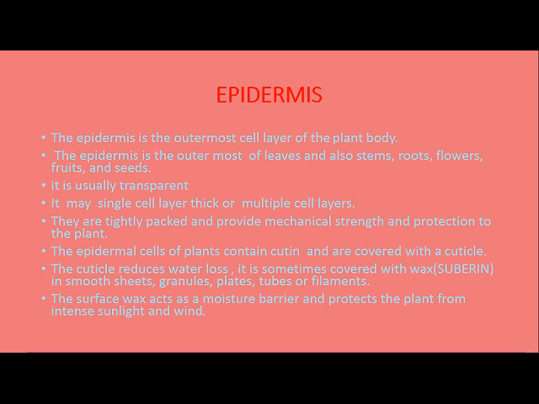Now, you must have seen different types of plants, children. Next time whenever you look at a plant, take a leaf of that particular plant and see it in the sunlight, and you will find that the leaf has got a shine.